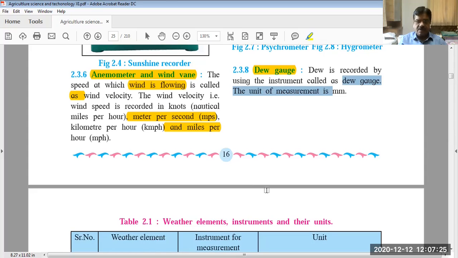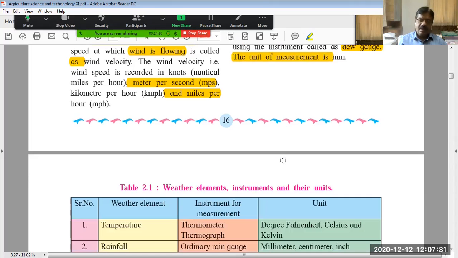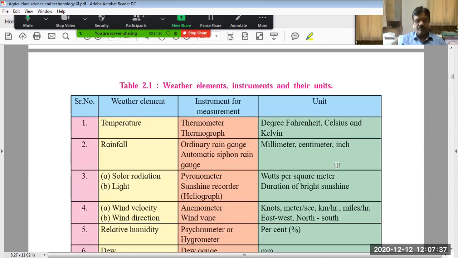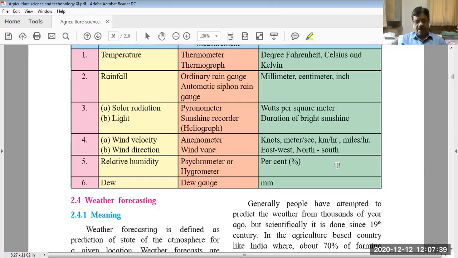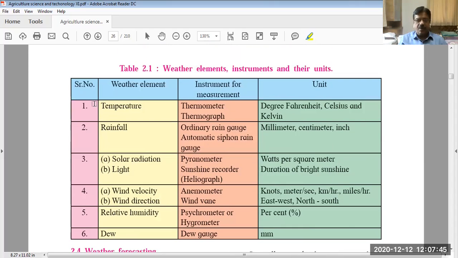There are two bulbs with thermometers, as we have studied, a wet bulb thermometer and a dry bulb thermometer. By calculation we can understand what the relative humidity in the atmosphere is. So have a look at these instruments.